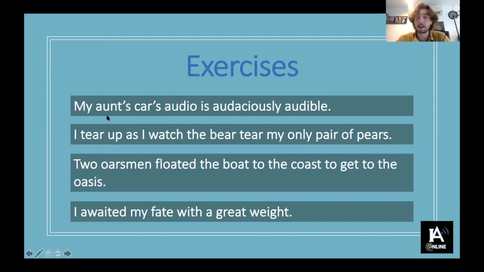The AU there being ah, like I said earlier. My aunt's car's audio. So notice the difference. Aunt, audio. Aunt, audio. A little bit different. Okay, next one.